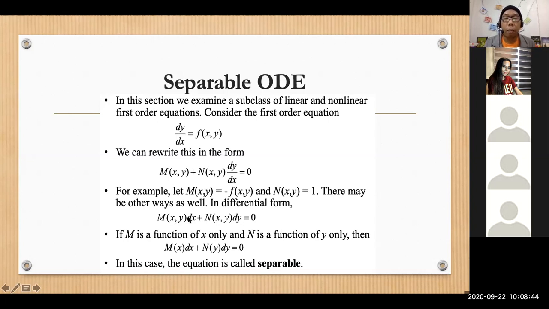However, for you to be able to integrate this equation, you need to make sure that, since there's a dx in the first term, the coefficient is a pure function of x. And for the second term, which involves dy or the variable y, you need to make sure that the coefficient or the function with your dy is a pure function of y.